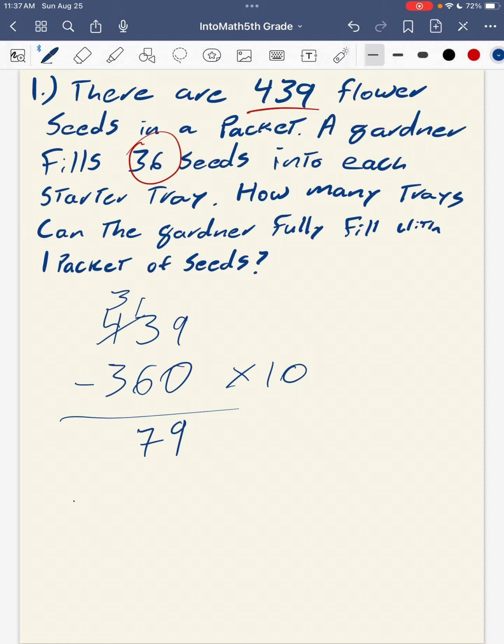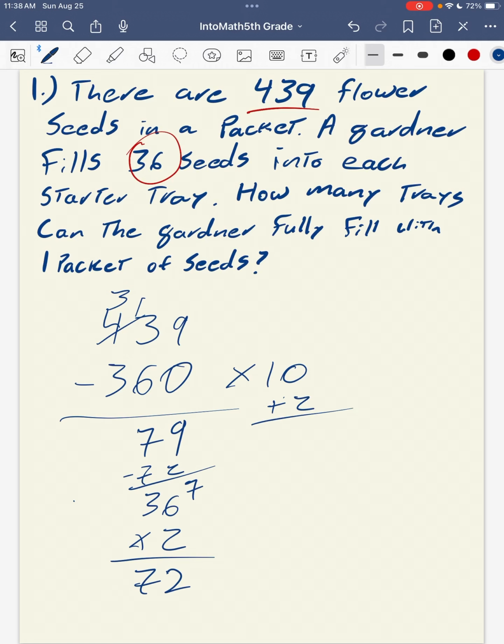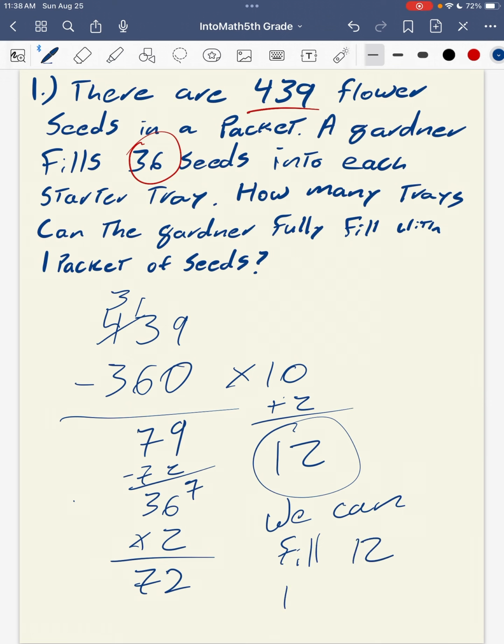Borrow and regroup, 13 minus 6 gives me 7. 36 times 2 gets me to 72. And if I do this, it's a remainder of 7. So 10 plus 2 equals 12. We can fill 12 trays completely. Yes, we have that remainder.